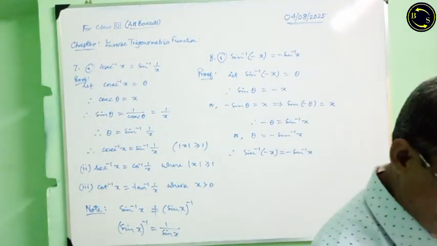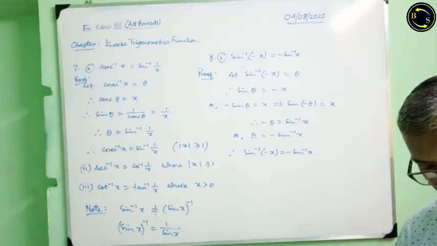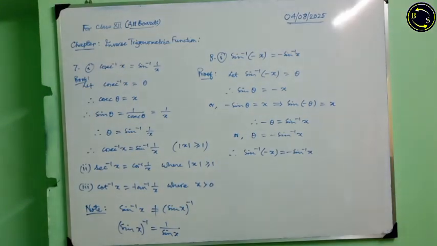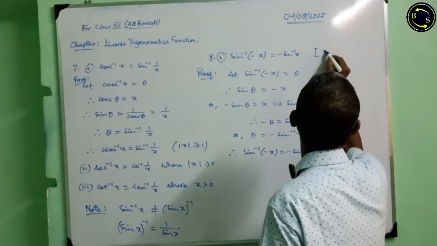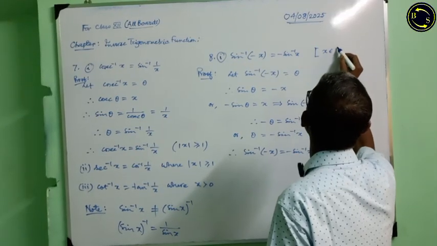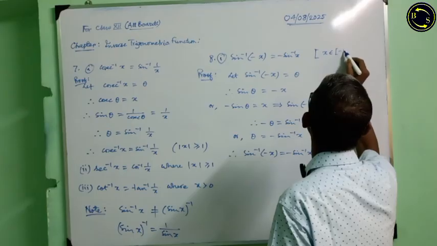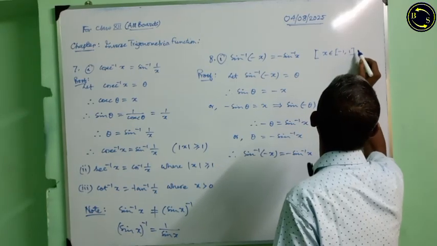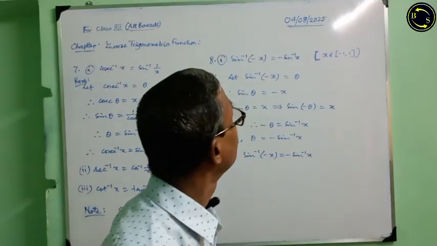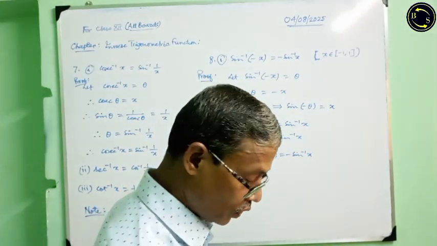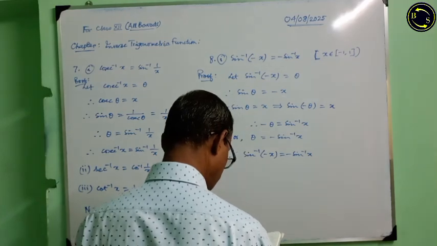And don't be confused about the domain. Here x is of course... Next. We have the second one.